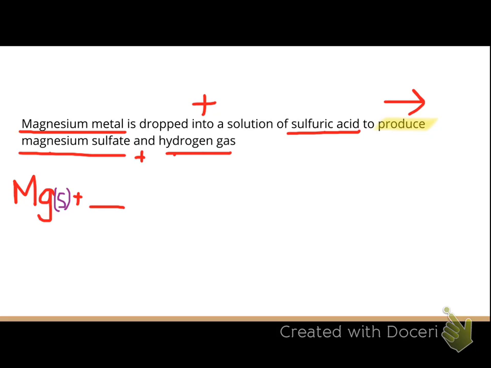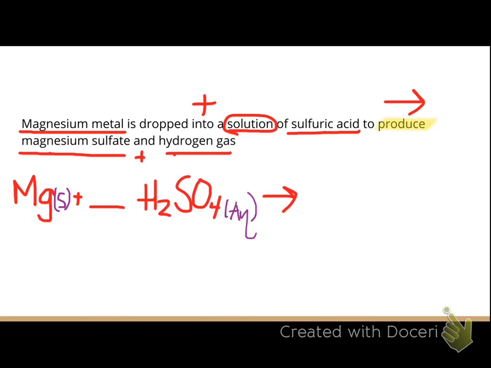Is dropped into a solution of sulfuric acid. So sulfuric acid being H2SO4. And if it's a solution, remember I told you before, that means that it's aqueous. Produces magnesium sulfate, MgSO4.